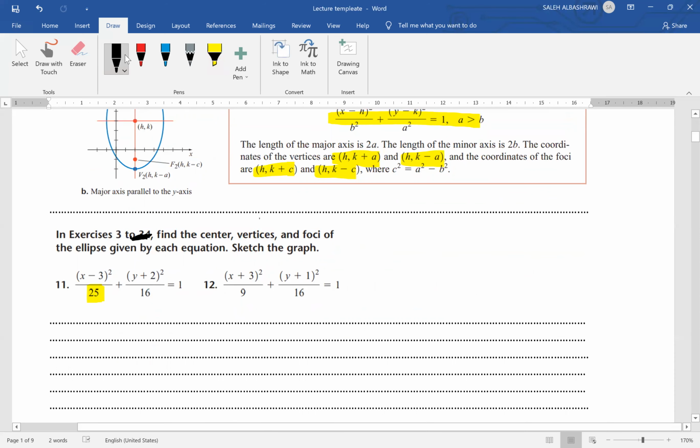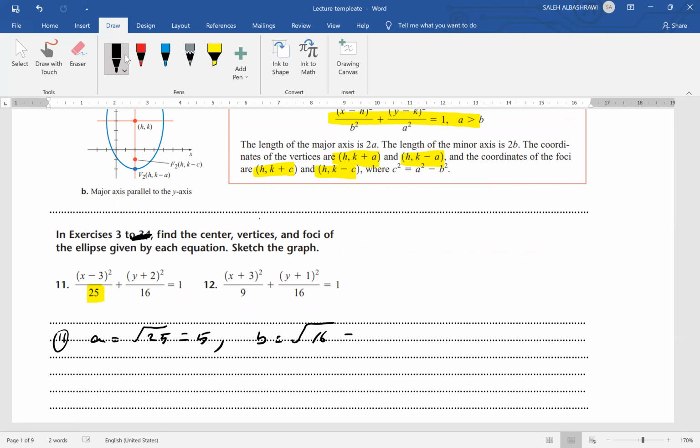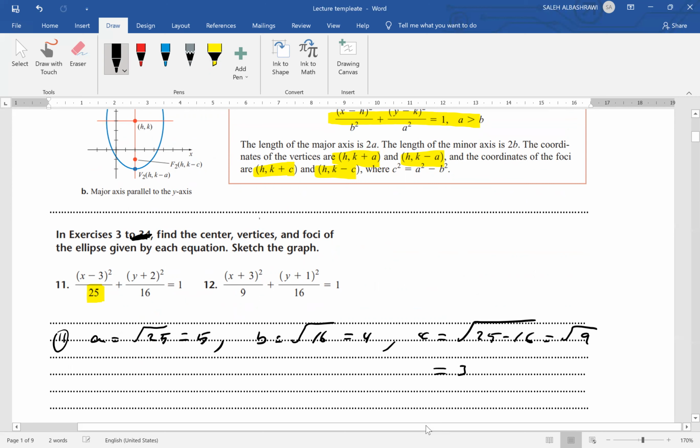So we have a equal to square root of 25, which is equal to 5. b equals square root of 16, that equals 4. And c will be square root of a square minus b square, that will be 25 minus 16, equal to square root of 9, which is equal to 3.